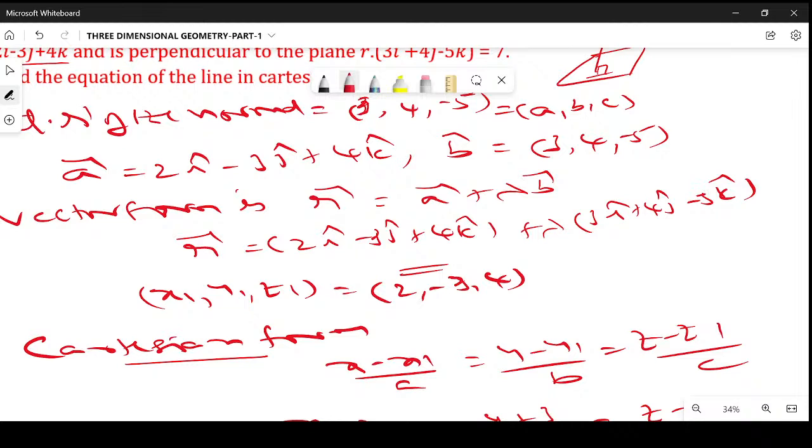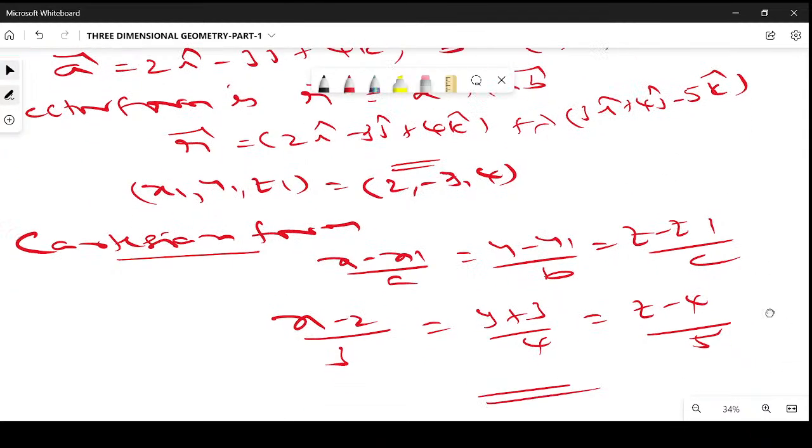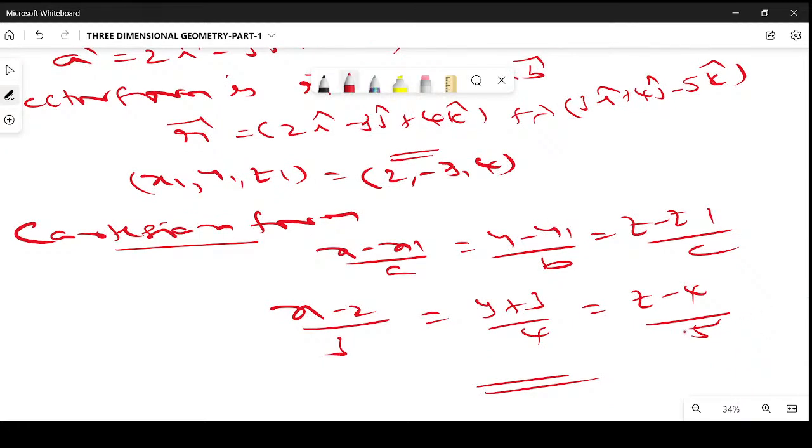If you have made a mistake, you should be careful. Obviously here also it goes minus, you can see here: z minus 4 by minus 5. Be careful when you are doing any problem. That is the Cartesian form.